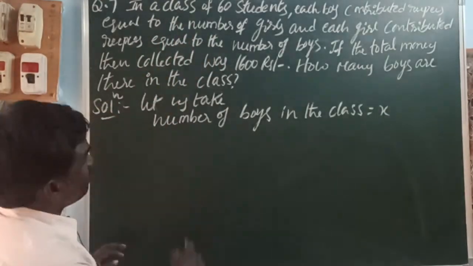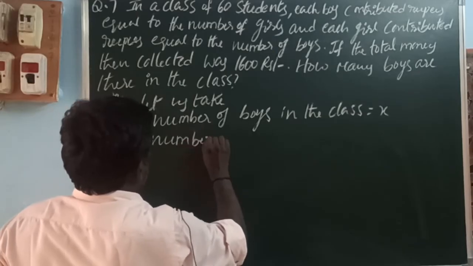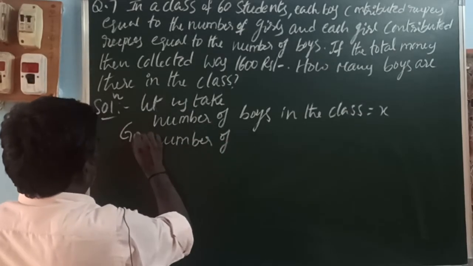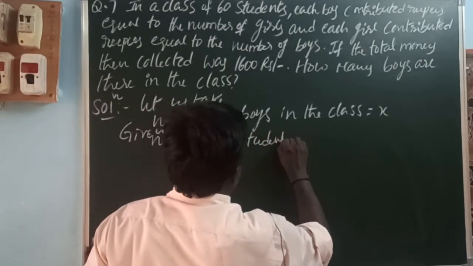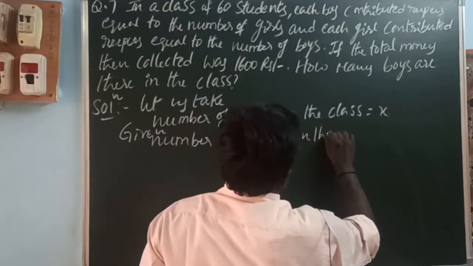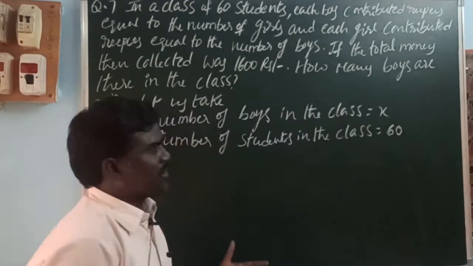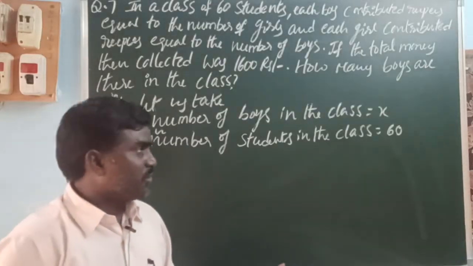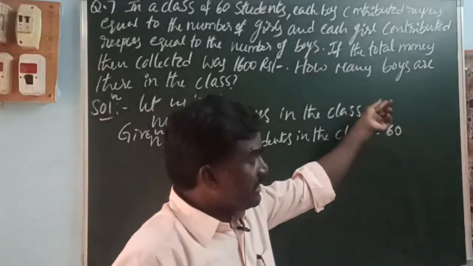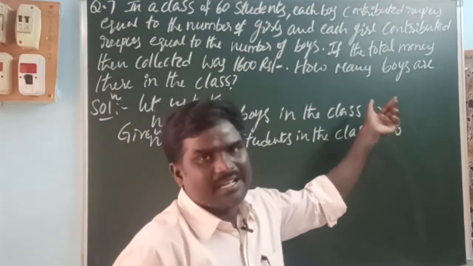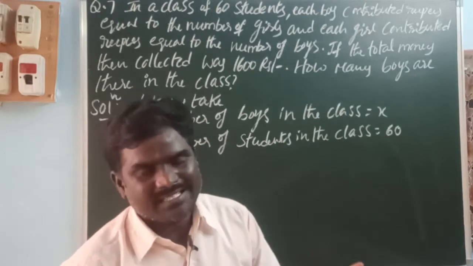What is the strength of the class? 60 students. Given, the number of students in the class is 60. Here we don't know the number of girls. What do we know? The total strength of the class is 60. We take the number of boys as x. Then the number of girls is the total strength minus the number of boys.